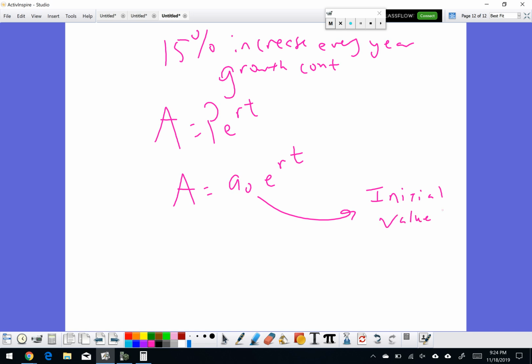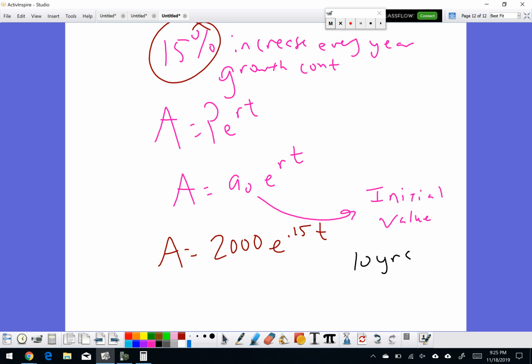If we think about Eagle Mountain, after that first subdivision was built, let's say there were 2,000 people in that neighborhood. e to the 15%, because we had a 15% growth, times time. So then we could say, okay, after 10 years, how much population is in Eagle Mountain?